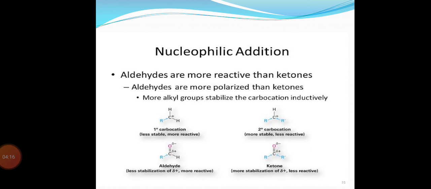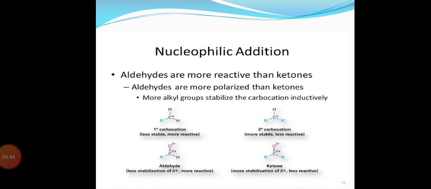Now check the carbonyl of the ketone. As the carbon of the carbonyl group in the ketone is directly attached with two alkyl groups, and as you know, alkyl groups are bulky as compared to hydrogen, so their support is also bulky. This bulky support will create more stability towards the carbonyl carbon.